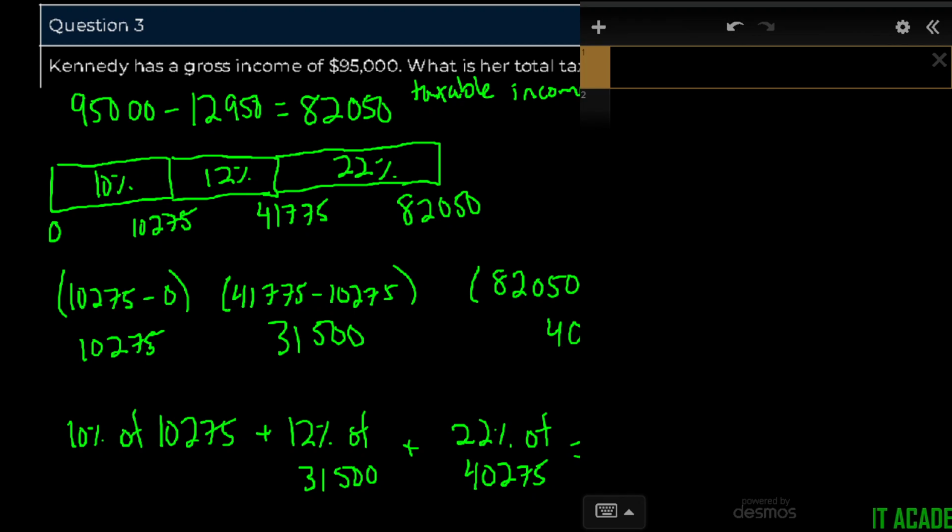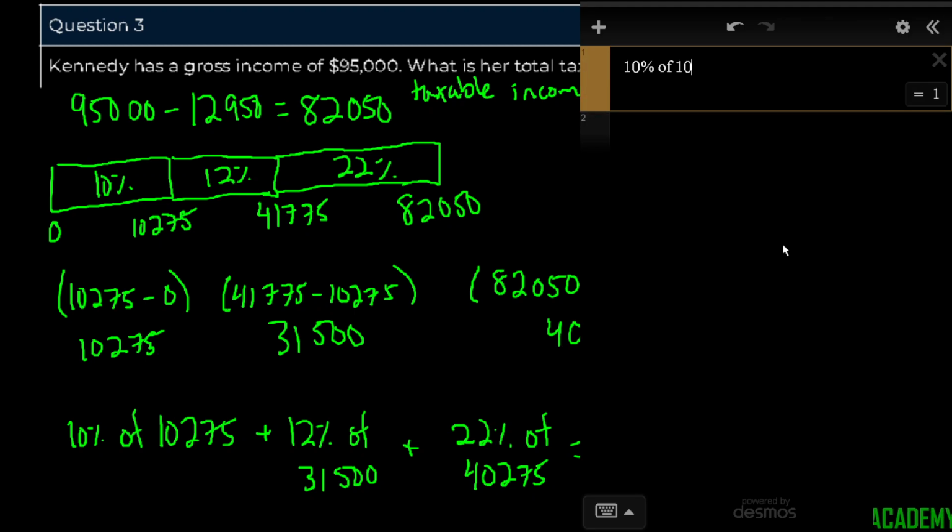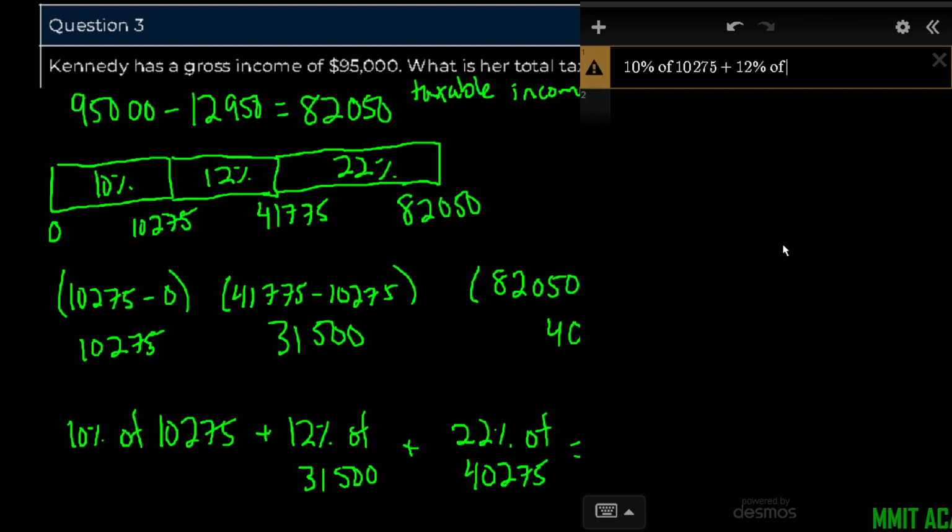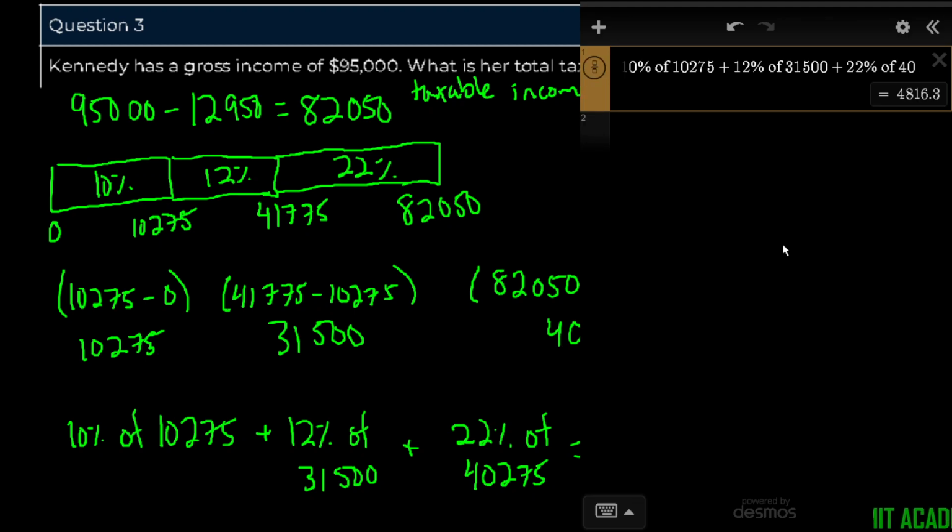Okay, so I'm going to do, I say 10% of 10,275 plus 12% of 31,500 plus 22% of 40,275. So now the total taxes due is going to be this amount right here.